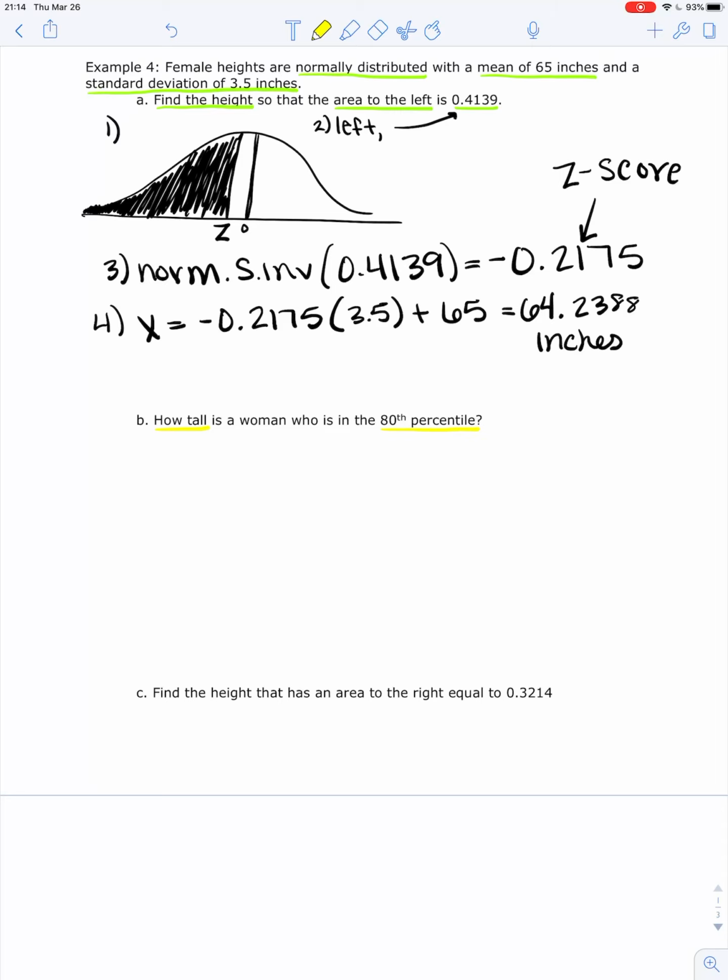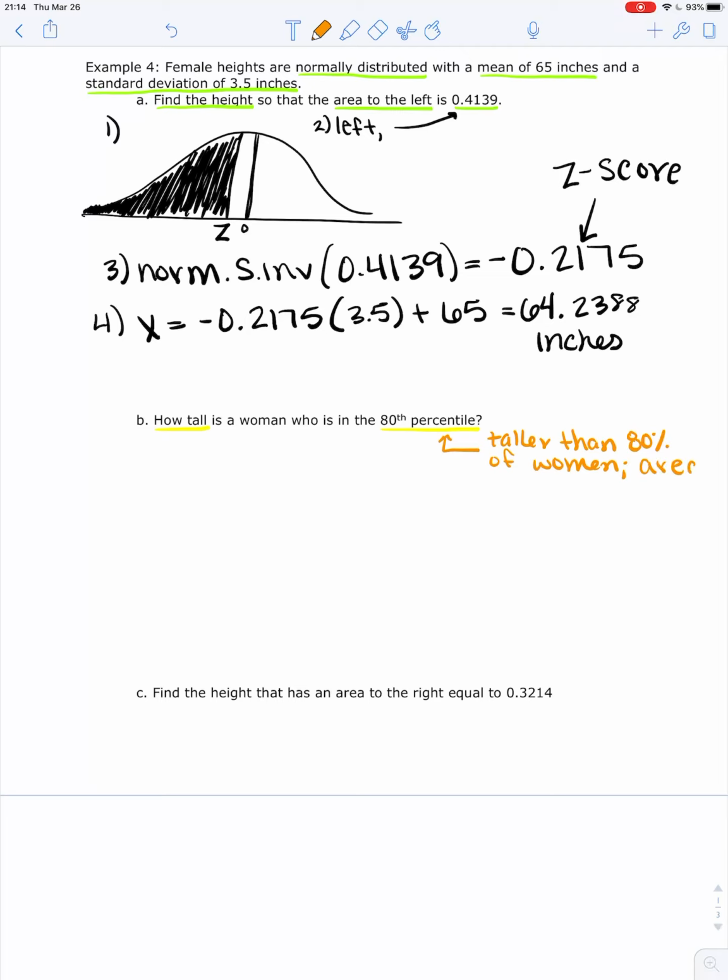And this woman is in the 80th percentile. So we need to recall, what does that mean for someone to be in the 80th percentile? If you're in the 80th percentile, that means you are taller than 80% of women.